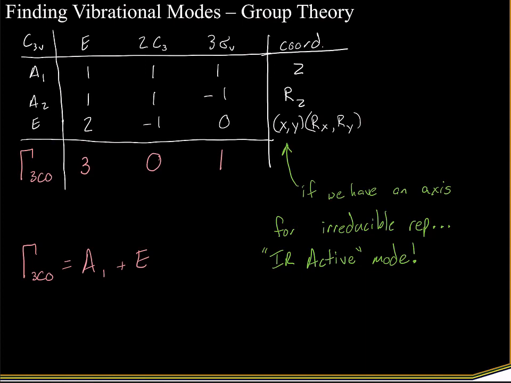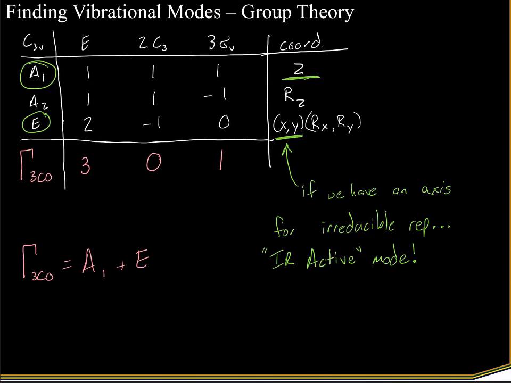Essentially what this means is that underneath that particular irreducible representation, there's a net polarization that occurs across our molecule that would result in an IR signal. The way that works is if we have an axis such as Z or X and Y, that particular mode, being A1 and E, is IR active.